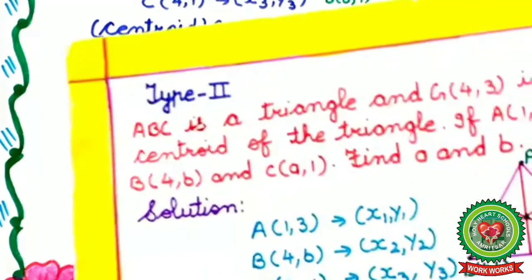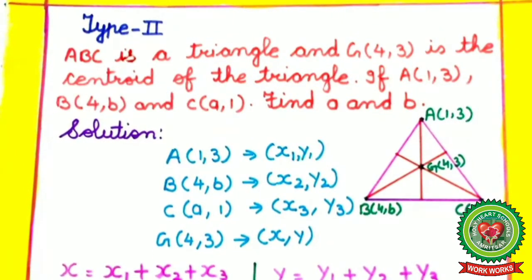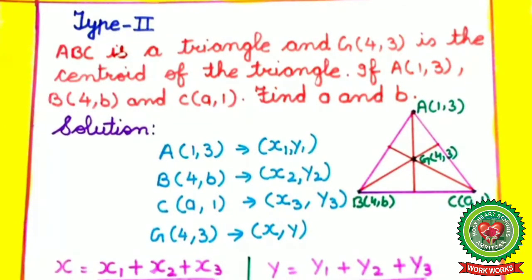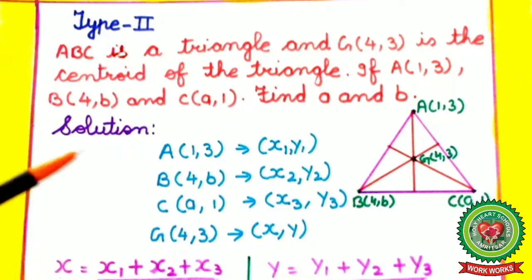Now the second type is when the centroid is given and we have to find the coordinates of the triangle and missing values also. So ABC is a triangle and G (4, 3) is the centroid of the triangle. If A (1, 3), B (4, b) and C (a, 1), then find the values of a and b.